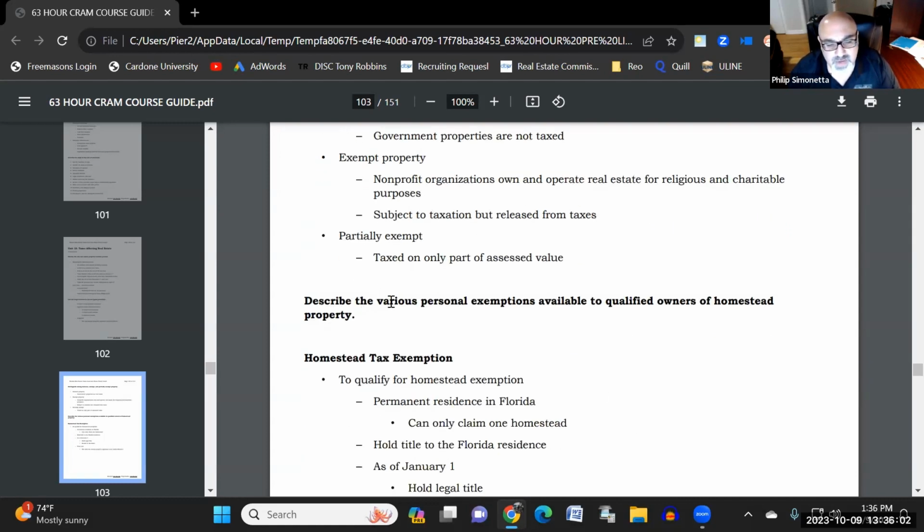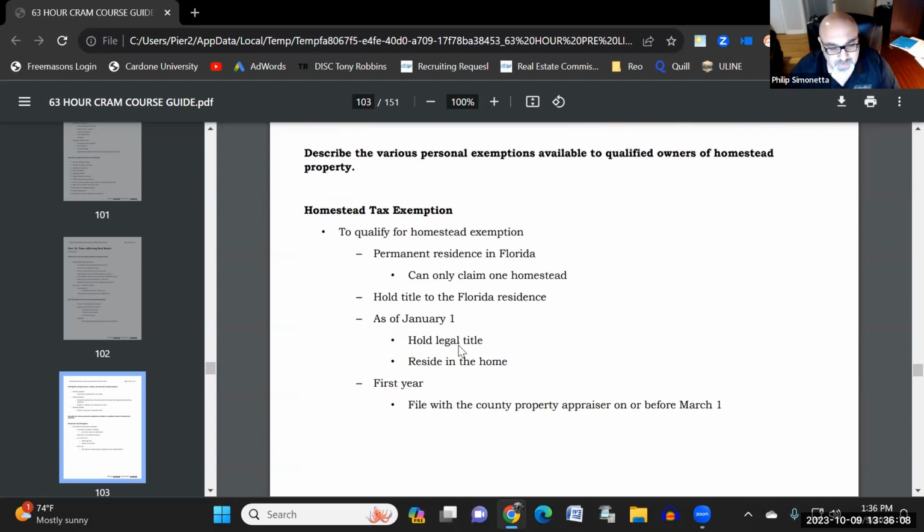Now let's describe the various personal exemptions available to qualified homeowners of homestead property. To qualify for the homestead exemption, you must be a permanent resident of Florida, and you can only claim 1 homestead. You must hold the title to the Florida homestead residence in your name, not in a company, as of January 1st, and reside in the home.